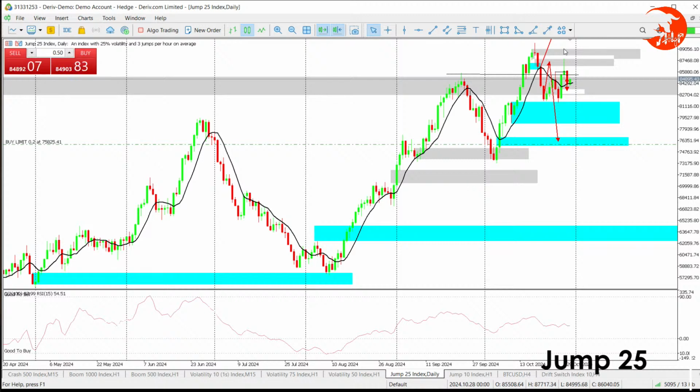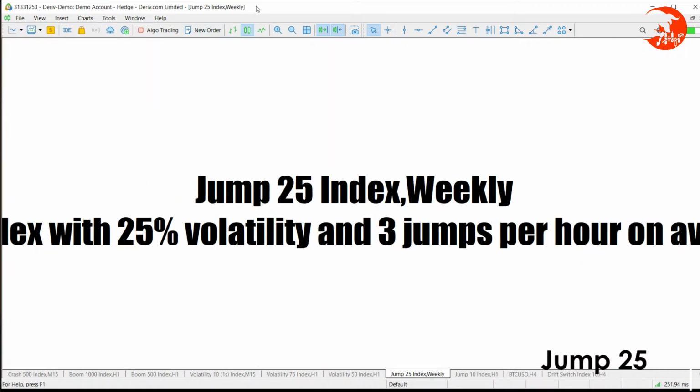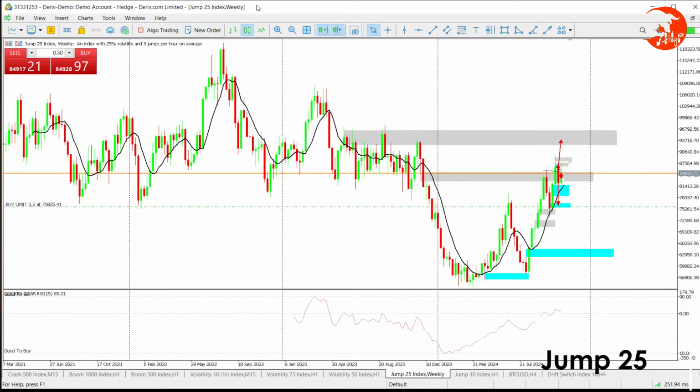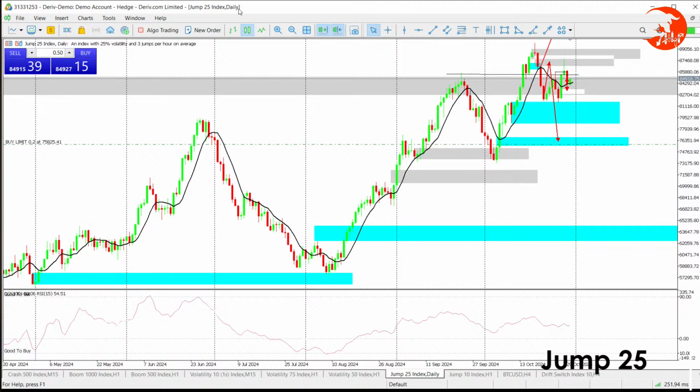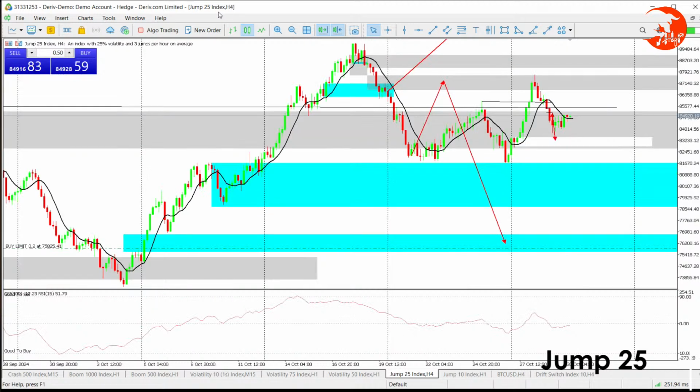We grab the liquidity there and started to sell, but momentum is still on for buys. What do we have on weekly? Weekly we are buying. Daily we are buying.